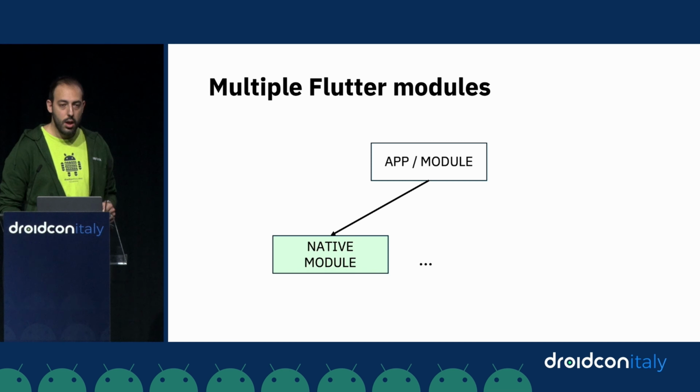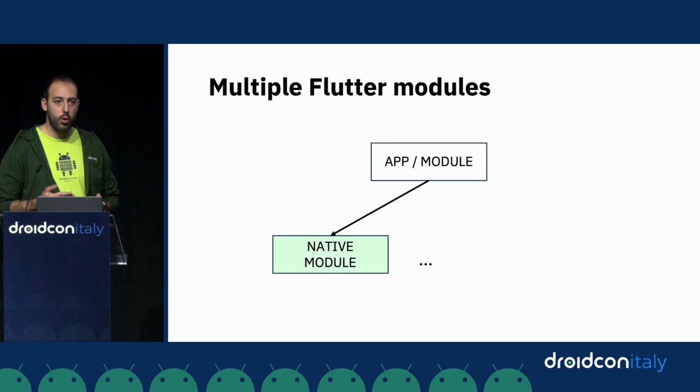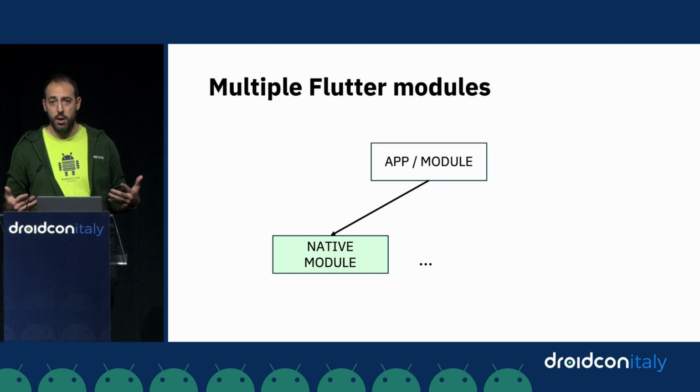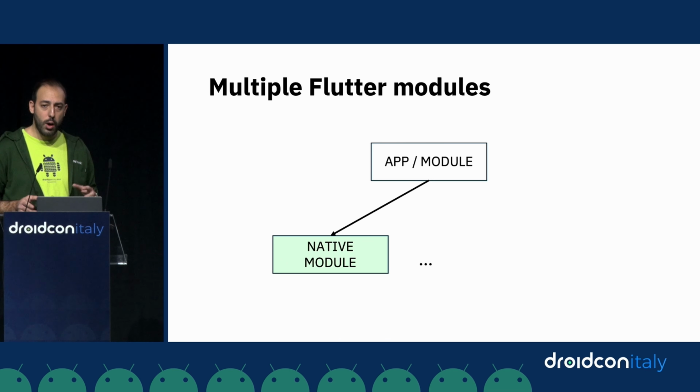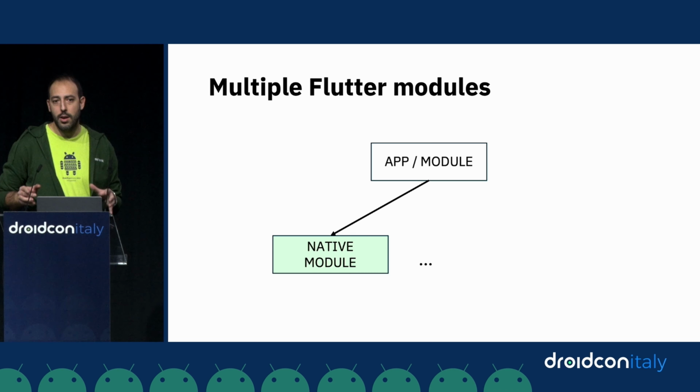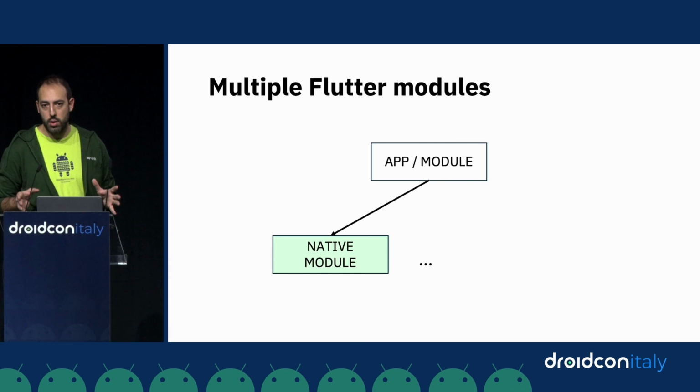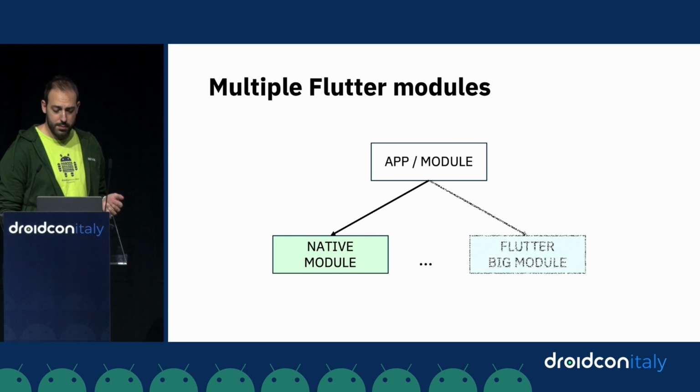But what if you want to include more Flutter modules in your umbrella module or app in Android native? The problem is that the first time it loads a module in Flutter, it doesn't know about the other modules. So how to specify what is the anchor for Flutter?